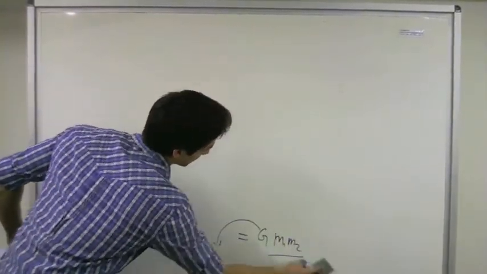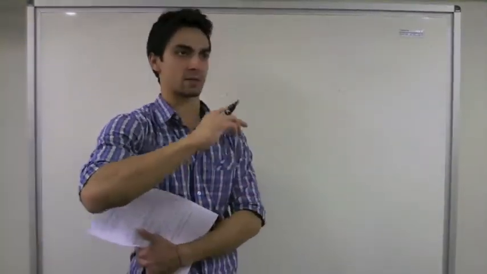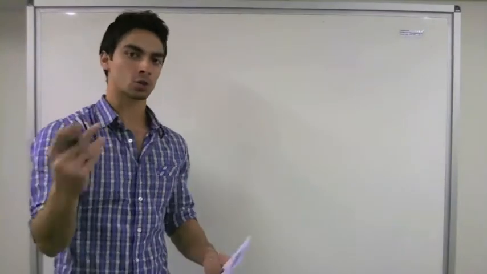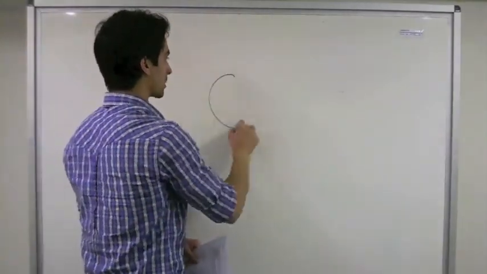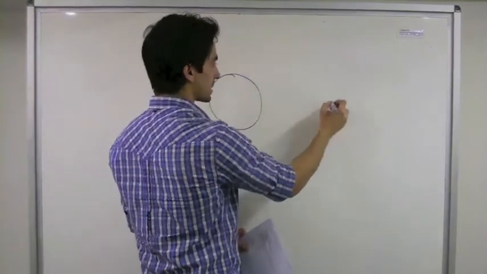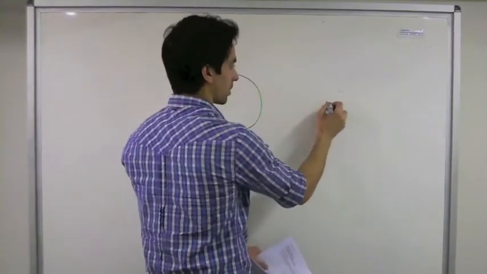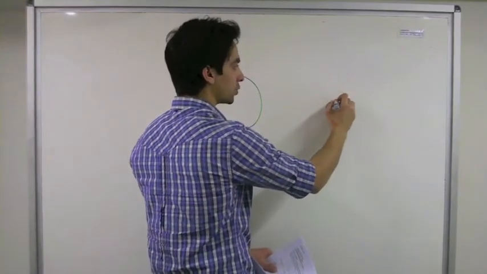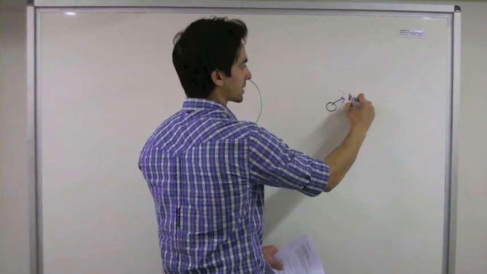Now, if I want to standardize, if I want to have a standard of measuring how strong a gravitational field is, what I will do is, I will place a unit mass, a mass of 1 kg or any unit mass. So let's say 1 kg, for example.